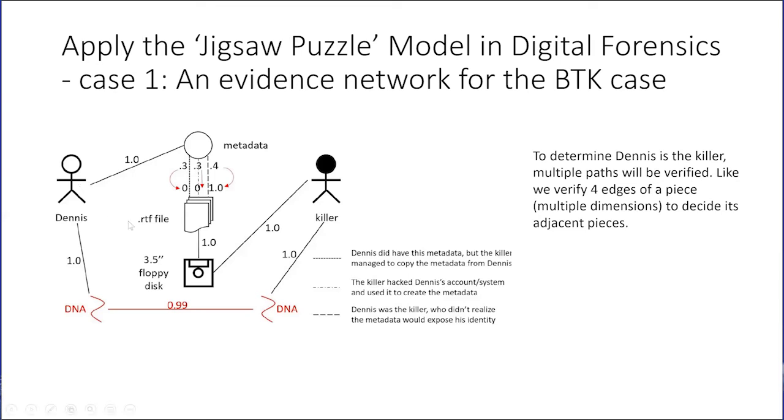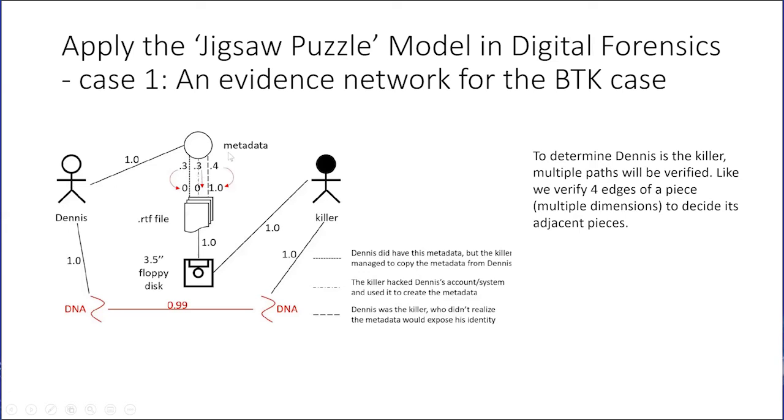So this RTF file is closely related to the case, and it's in the floppy disk. So the correlation between the RTF file and the floppy disk is 1. And the metadata also has a strong correlation with Dennis.